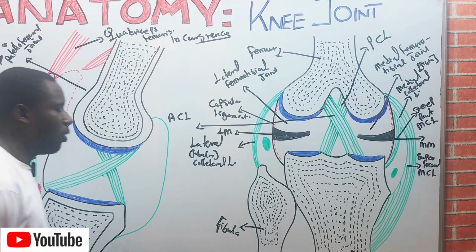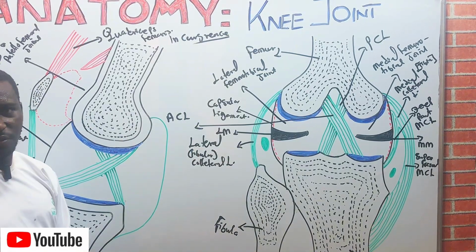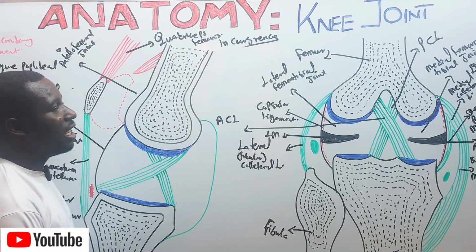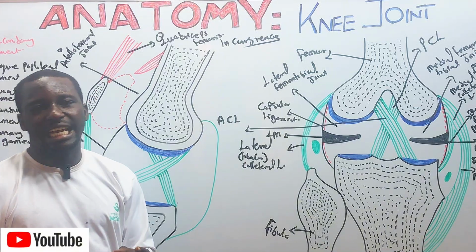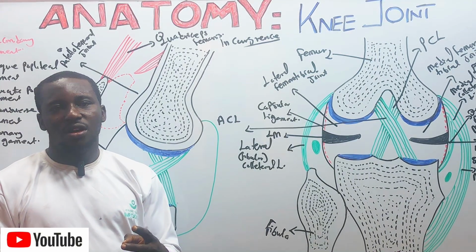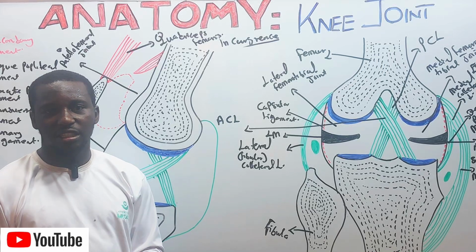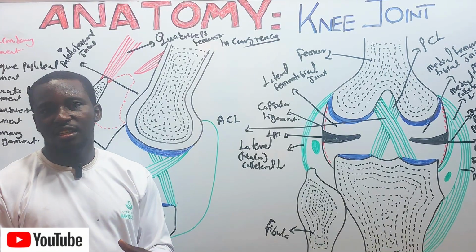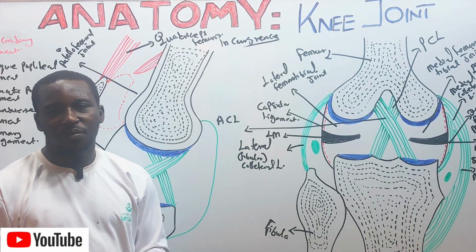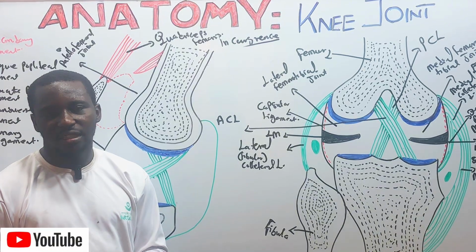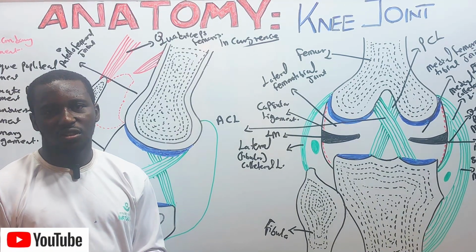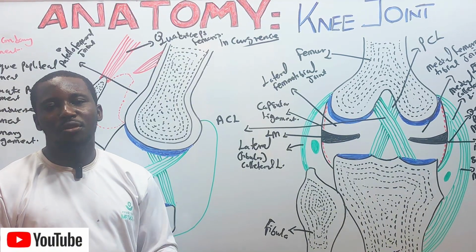Now, what is all about this? The meniscus is just like a semilunar cartilage. There are two crescent-shaped inter-articular structures that are formed by a fibrocartilage.